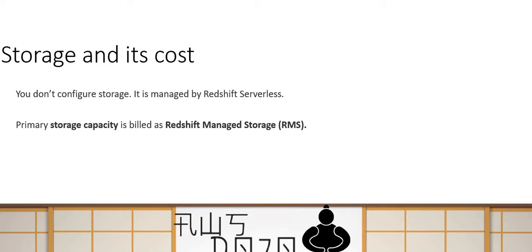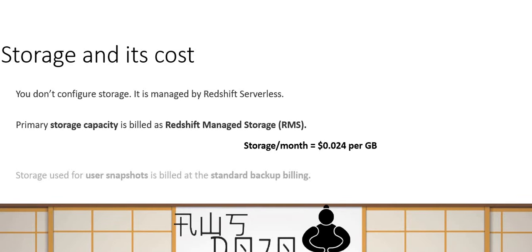And that storage was called Redshift Managed Storage. So Redshift Serverless also uses Redshift Managed Storage, RMS. But in this case, you don't need to provide any storage configuration. It can simply shrink or increase based on your need. For instance, RMS cost is $0.024 per gigabyte.